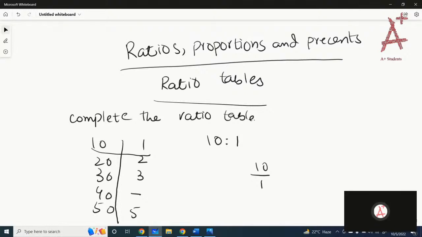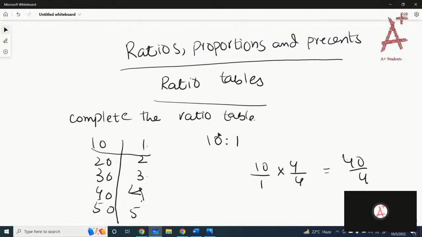So just multiply and divide them by 4, because they are 1, 2, 3, they are on the fourth position. So 10 times 4 is 40 and 1 times 4 is 4. That means when you have the ratio 40, it would be 4. That means the missing number is 4.